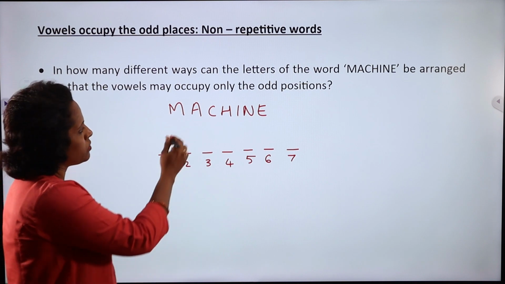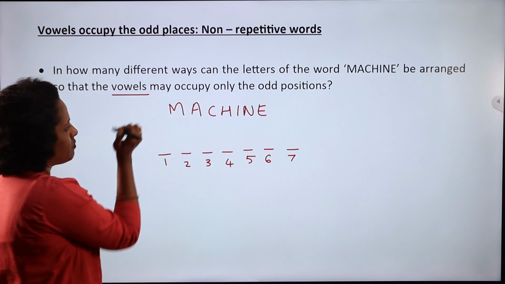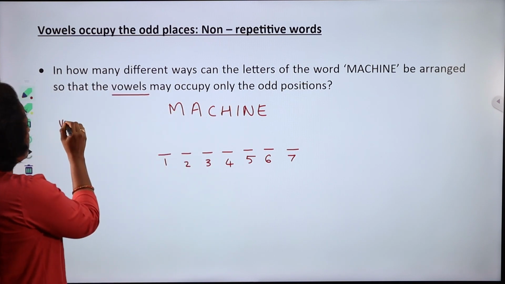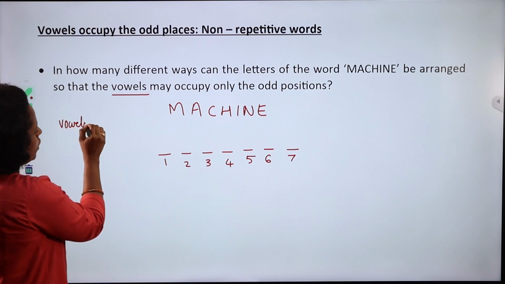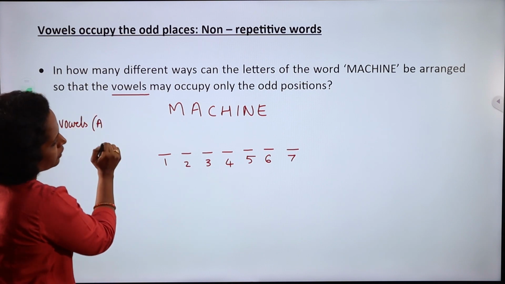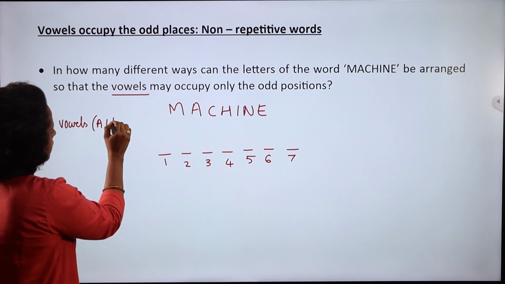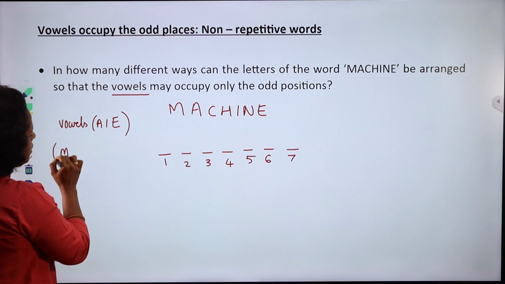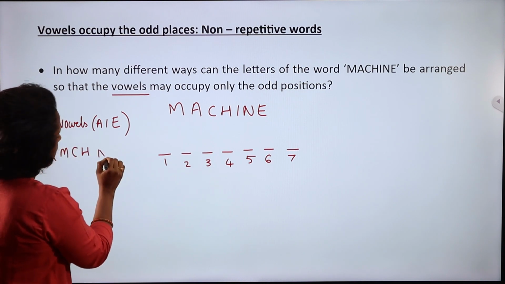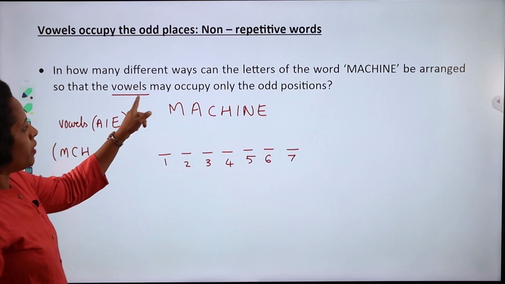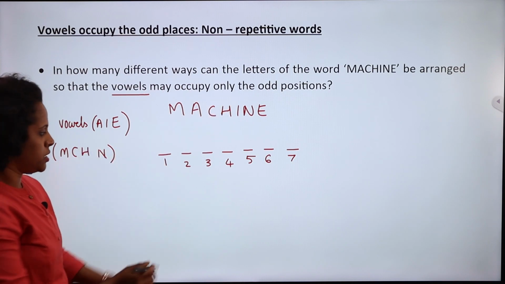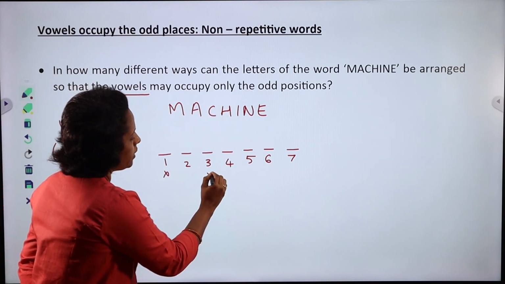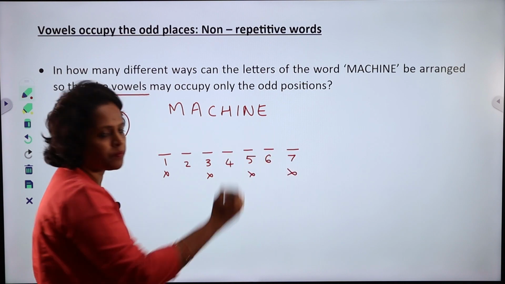What is the question? Vowels occupy. First, let's put the vowels aside. What are the vowels in this? A, I, E. What are the remaining letters? M, C, H, N. Vowels may occupy only the odd positions. What are the odd positions? 1, 3, 5, 7.